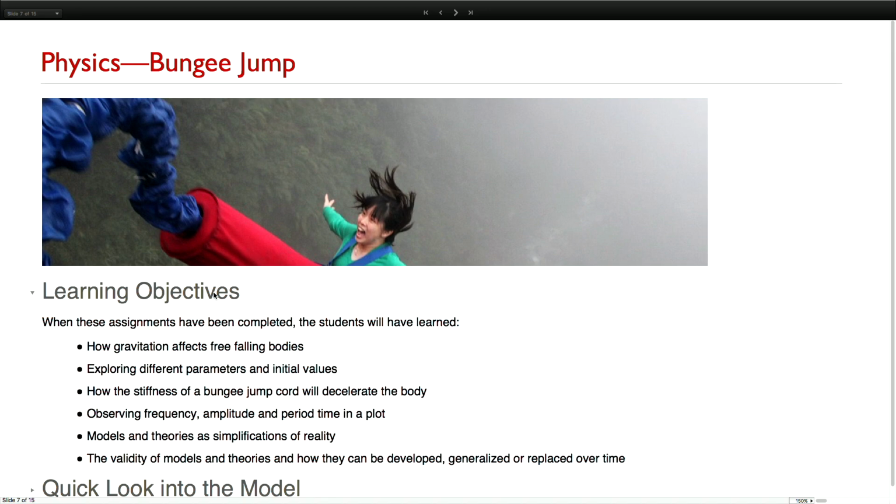She took this, and first of all, she set the learning objectives that this could relate to. One of the things you're studying is gravitation effects on falling bodies. You are supposed to learn how to explore different parameters and initial values and how they affect the dynamics of a system. How does stiffness work? What is frequency?